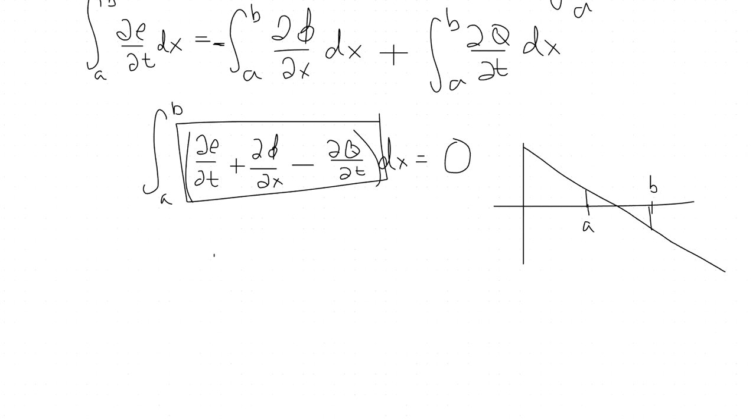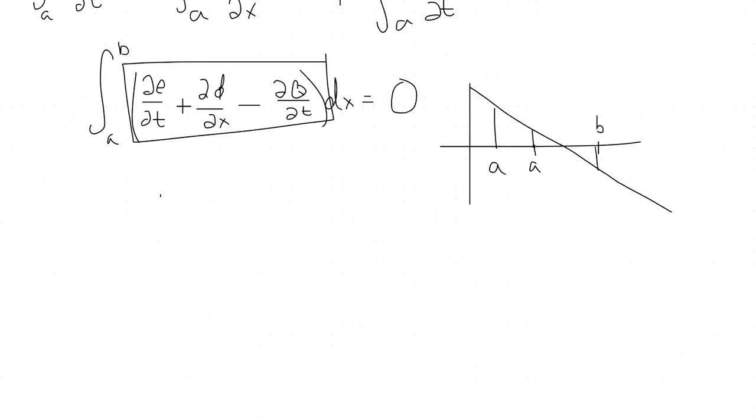But we want to generalize this to any A and to any B. So if A were here, for example, it would be a positive integral value. And so this statement would not hold true, right? The only way that a function can have the integral from any arbitrary value of A to B be 0 is if it's equal to 0. That's the only way that from any A to any B, the area under the curve could equal 0, right? Think about that for a sec.